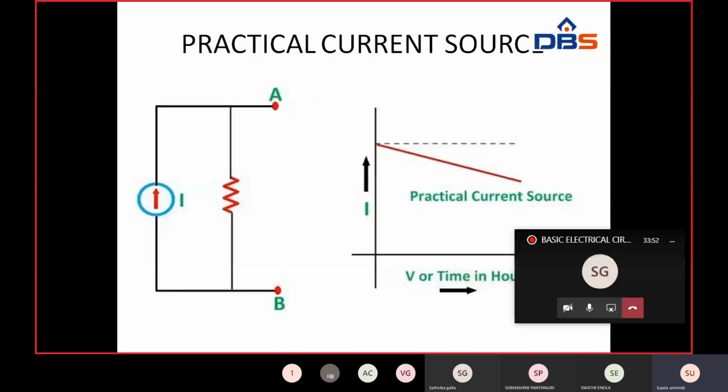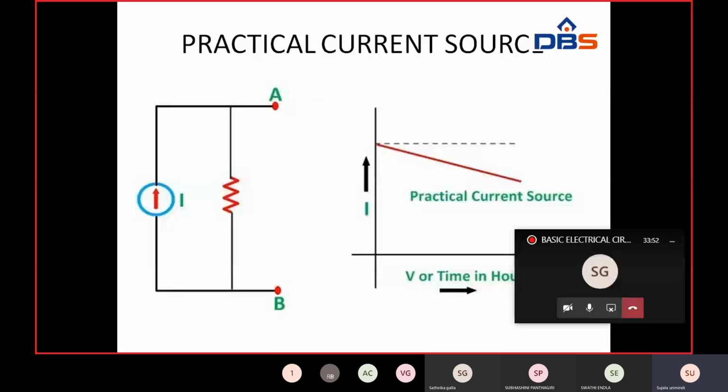Next, we discuss the voltage and current relationship, the V-I relationship, of the passive elements. Generally, we know that the resistor, inductor, and capacitor are the passive elements.